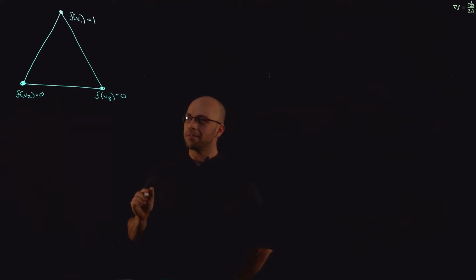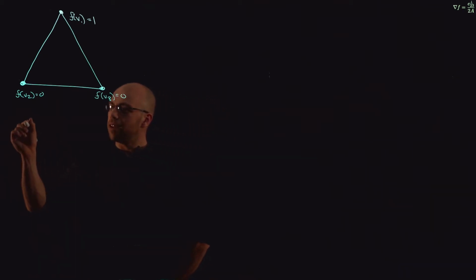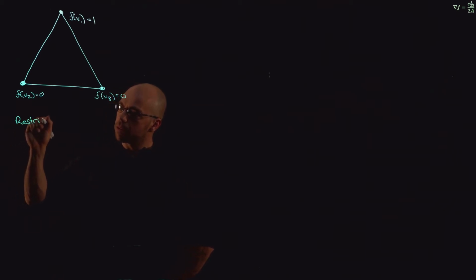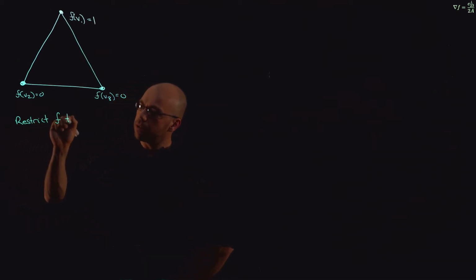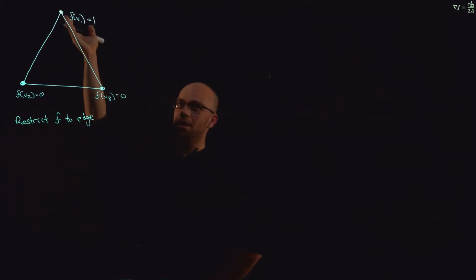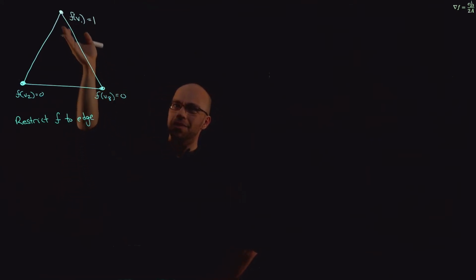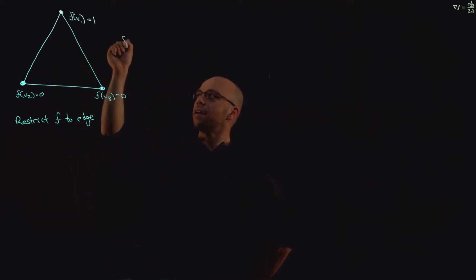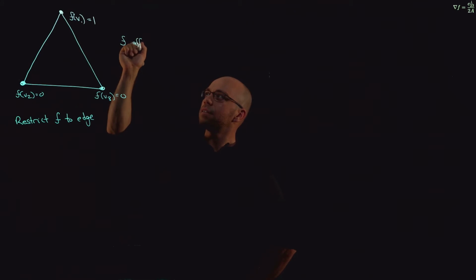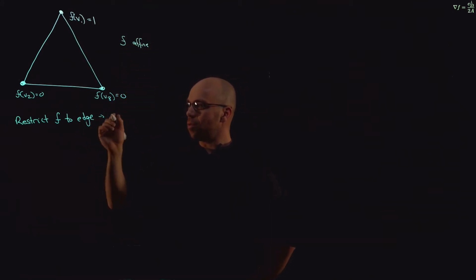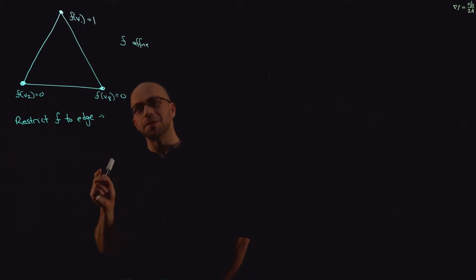Now, here's a nice observation, which is that if I restrict f to any edge, right? So I just think of f as like a one-dimensional function varying along one of these edges. Well, assuming that f here is affine, then this is still affine just in one dimension.